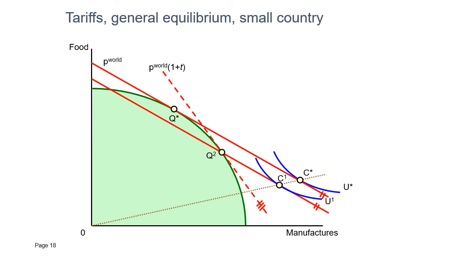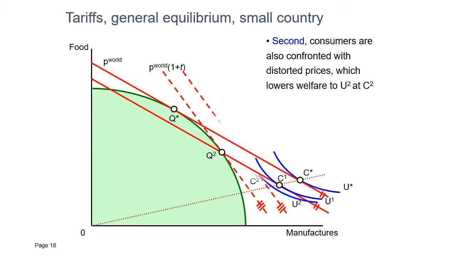Now we're going to take it a step further. Unfortunately, consumers now feel this world price. When they import the product, it now faces a tariff, and they face this distorted world price. So this is now the position that we showed earlier at C2. The second effect is that consumers face these distorted prices and utility drops from C1 to C2.